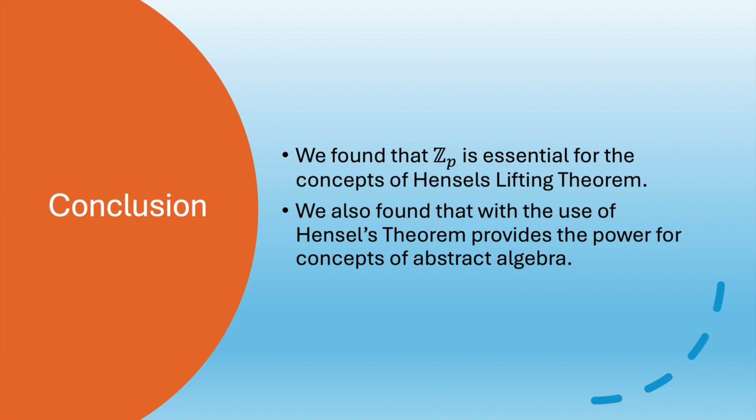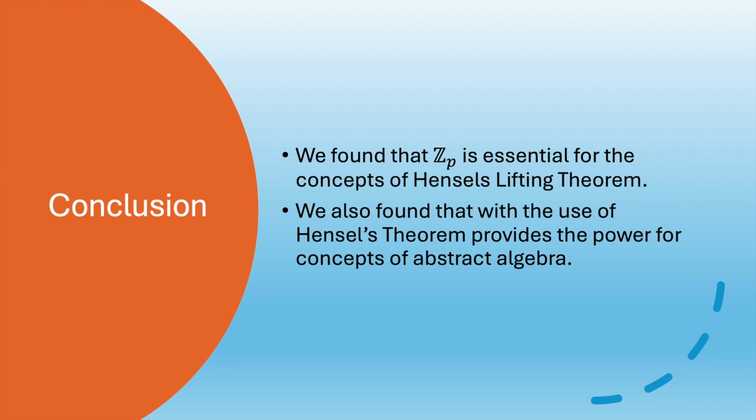We also found that Hensel's lifting theorem is powerful in abstract algebra, as it helps different forms of equations be made simpler by lifting the solution to a more complex number system. And that's basically how I understood that both of these concepts, even though in different areas of mathematics, are still able to help each other out and build a clear understanding of both areas.